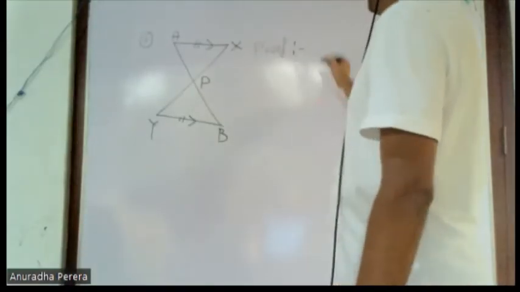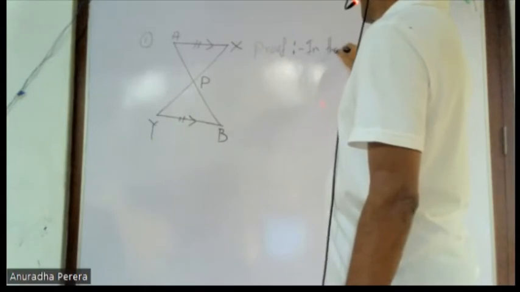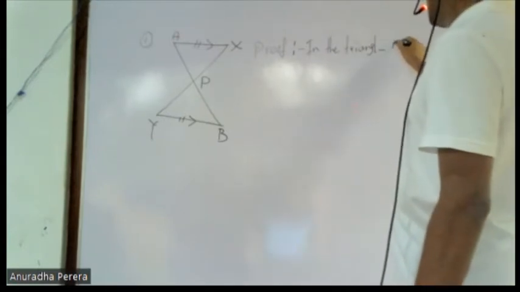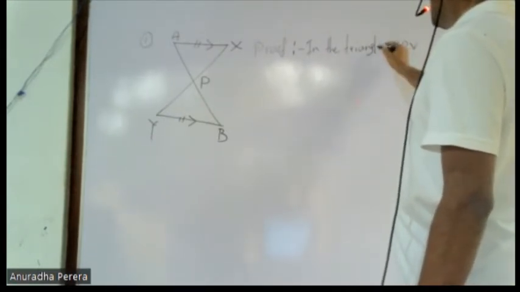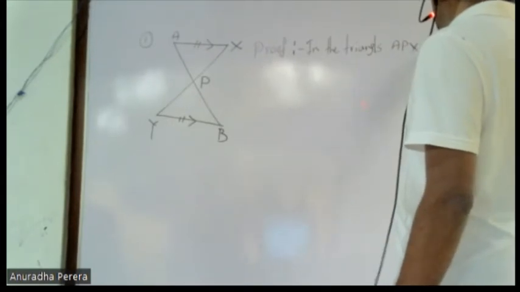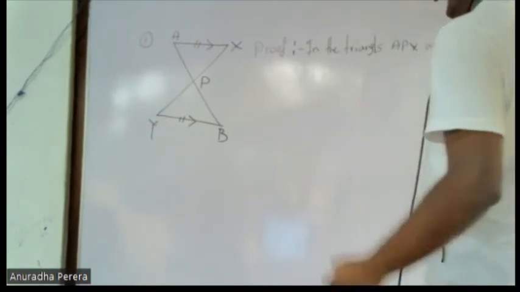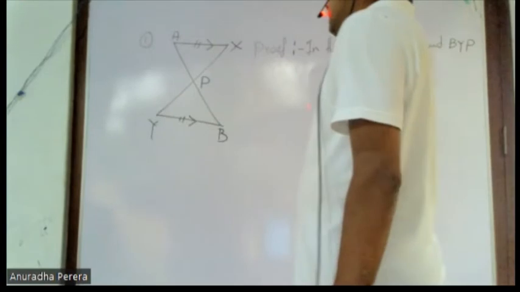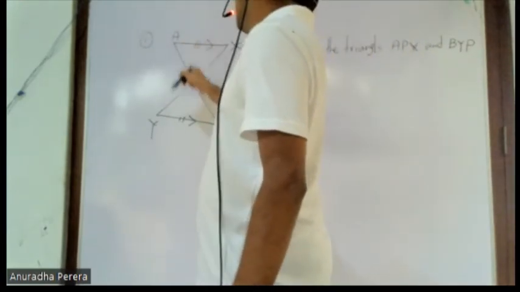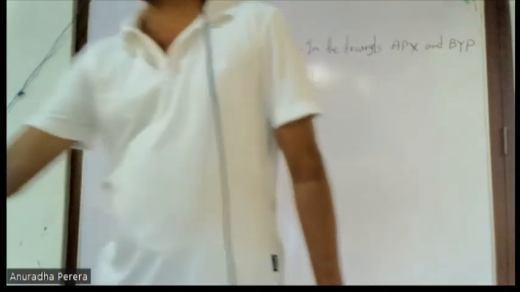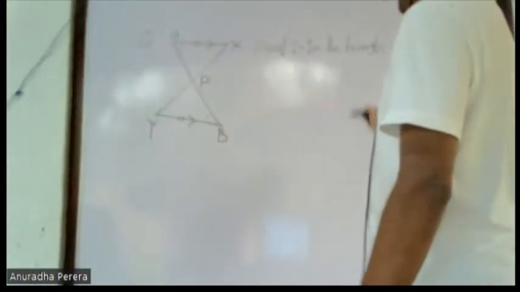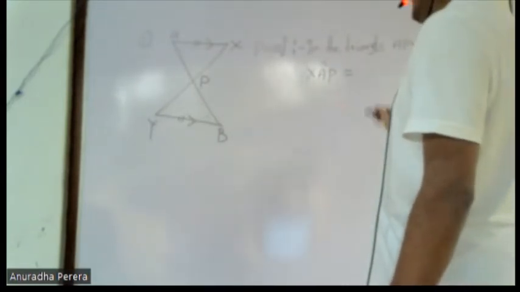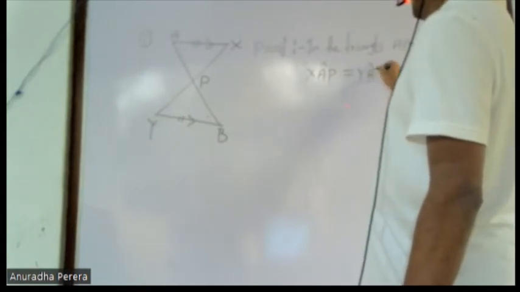Then in the triangles APX and BYP, these two are equal alternate angles, right? XAP equals PBY, YBP, alternate.